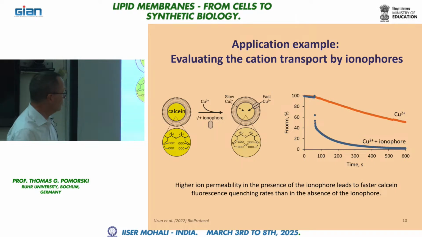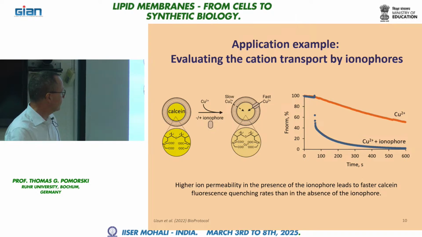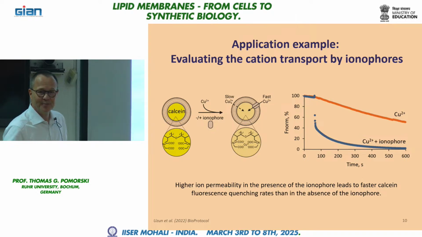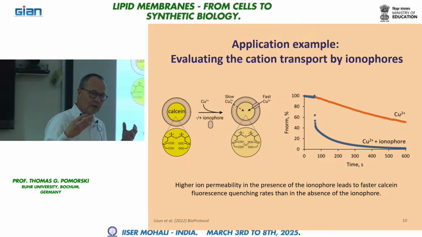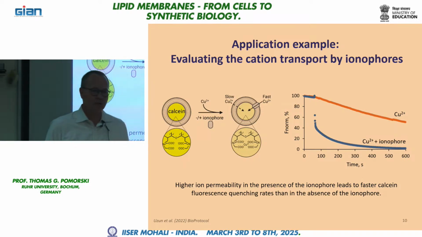Because you could also use other types of ions now, as long as they can bind to the calcein and change the fluorescent properties. We were actually quite amazed how permeable membranes can be, also for ions, because the classical view is that ions do not cross at all. For many ions that is true, but for some ions, depending also on the type of lipid, there is permeability.